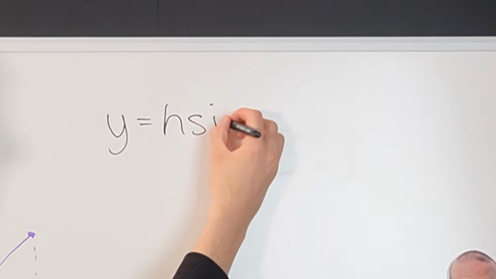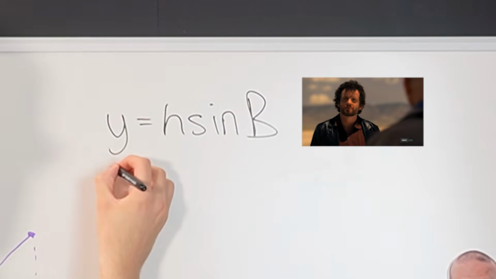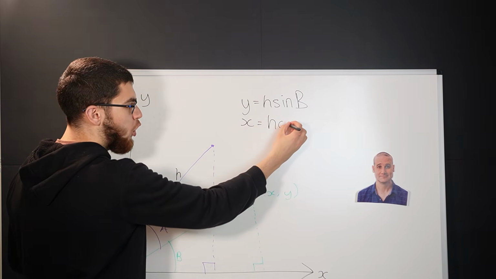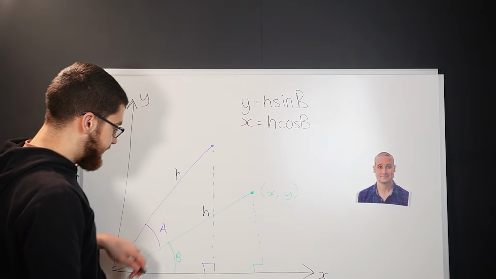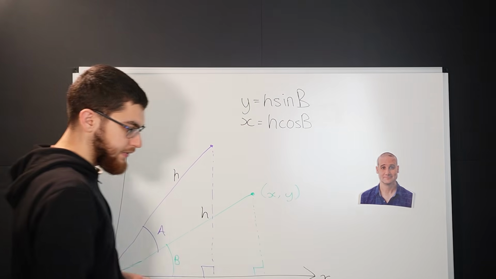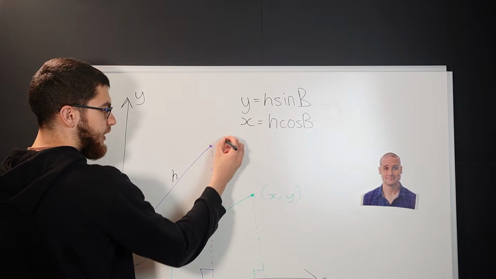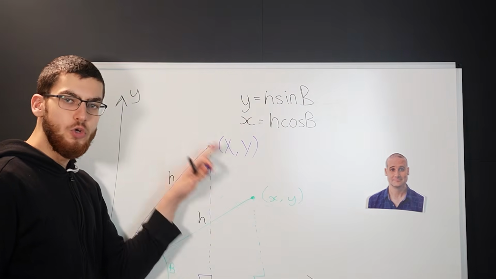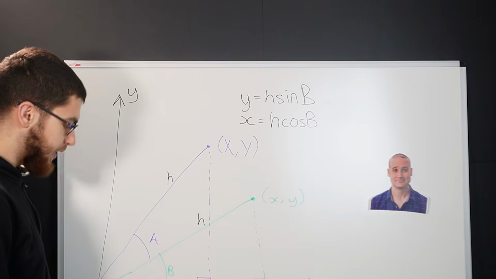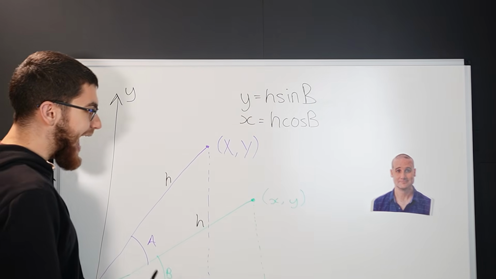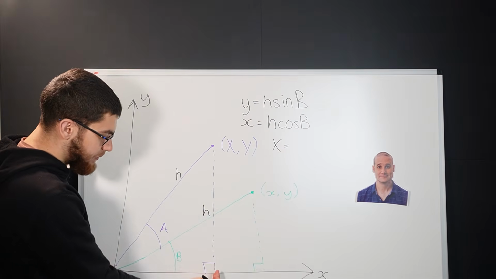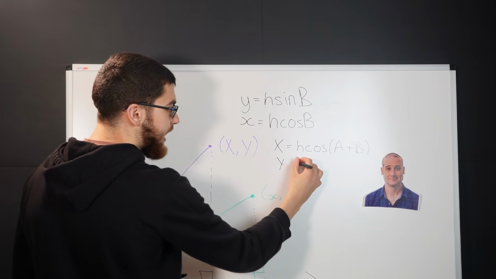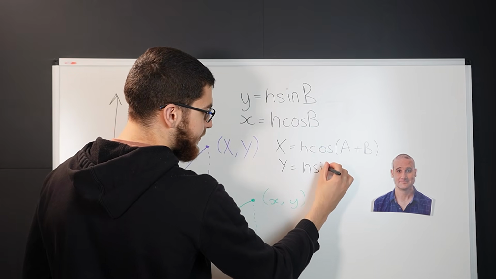So Y equals H sine B. And we can say X is equal to H times cosine B. And we can say that this here, we'll call capital X, capital Y, because that's our image, which is our new value for our XY vector. We can say that capital X is equal to H times the cosine of A plus B. And capital Y is H times the sine of A plus B.